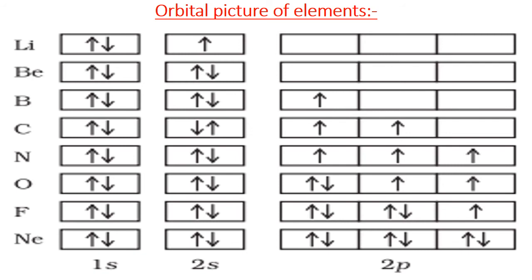Similarly, carbon, nitrogen, oxygen, fluorine and neon have orbitals filled with electrons. But neon has completely filled orbitals, that is 1s, 2s and 2p. All 3 orbitals are completely filled in case of neon.